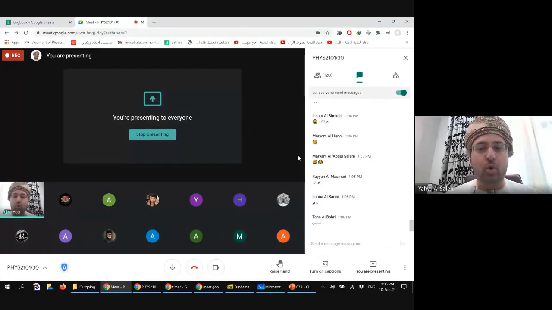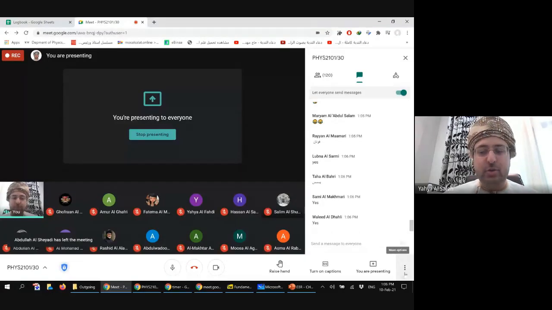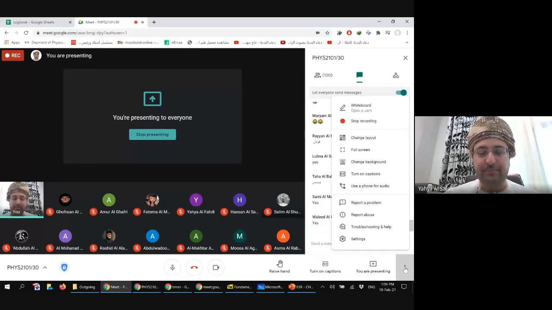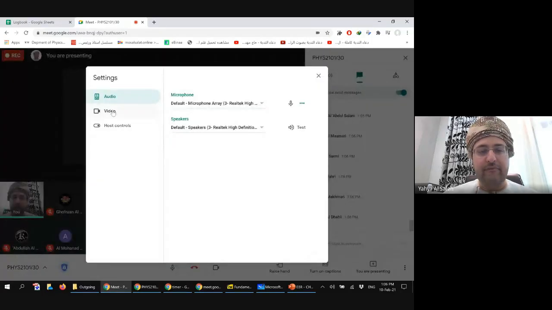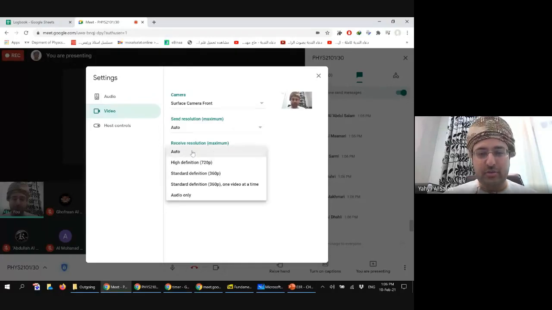For those of you who are on a mobile phone and are using 3G or 4G connections and are on limited data plans or are experiencing significant amounts of lag, what I suggest you do is go to this hamburger option, the 3 dots, more options here. You go to settings, video, and in receive resolution, you put standard definition.